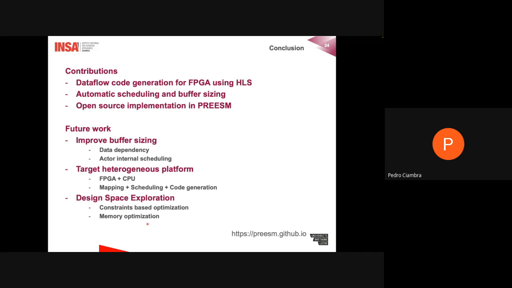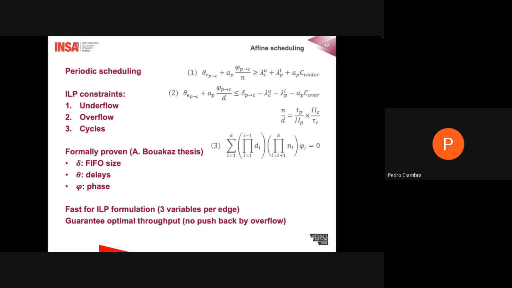Yeah. Hi, Mickaël. My question is, as I understand, this new scheduling and buffer sizing algorithm uses ILP, right? Integer linear programming. Yes. Does it apply only for the FPGA target, or could this also be used in traditional dataflow software?